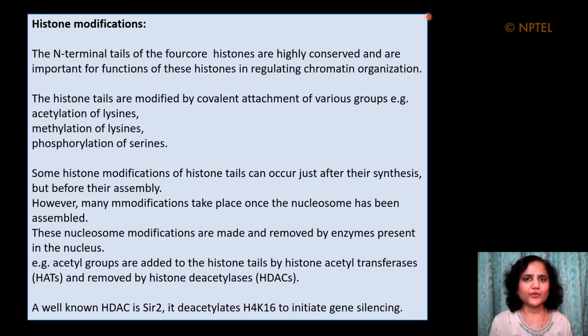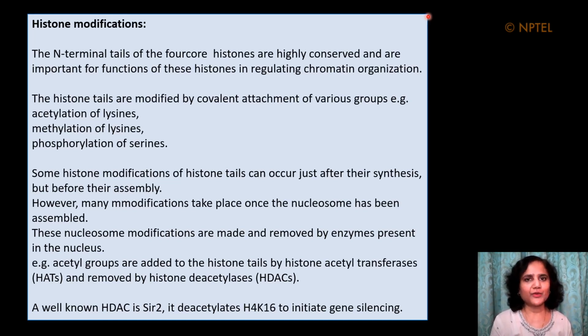These nucleosome modifications are made and removed by enzymes which are present inside the nucleus. For example, the acetyl groups are added to the histone tails by histone acetyl transferases or HATs. And these acetyl groups can also be removed by histone deacetylases or HDACs.